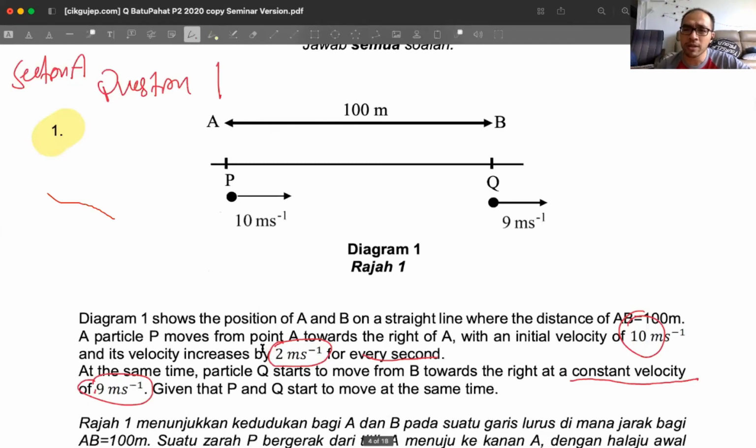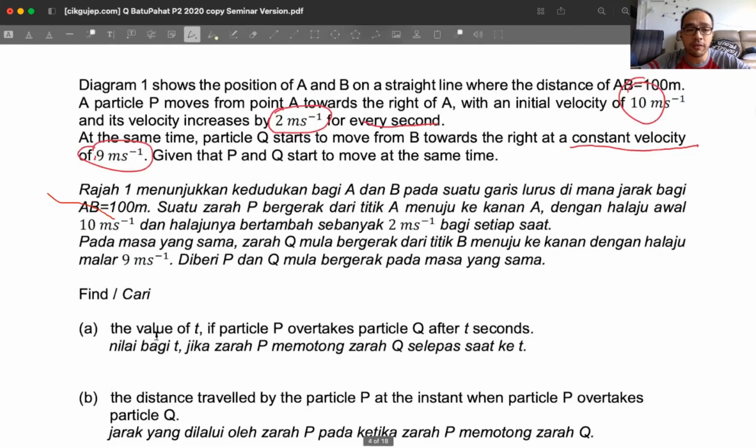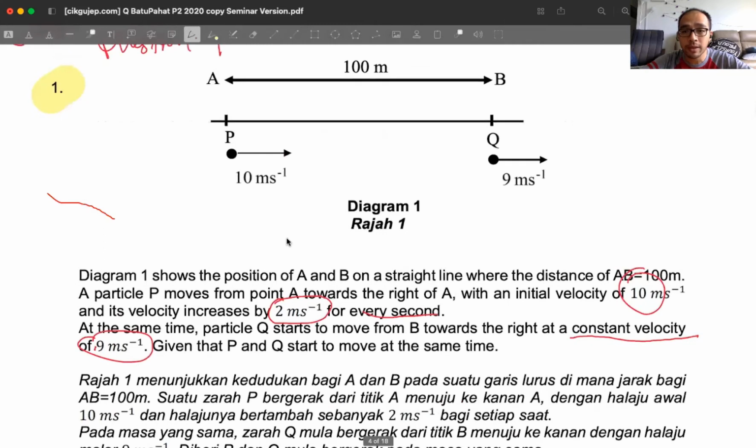Then I realized cannot because physics formula mana boleh kalau di dalam maths. Okay, then only after a while when I saw this, the value of T if particle P overtakes particle Q after T seconds, then I realized that actually this is progression. Okay, this is actually janjang. Okay, it's such a good question, but it's so tricky.